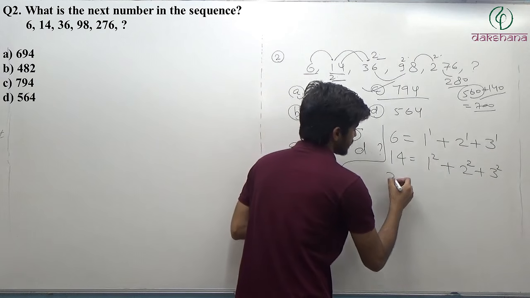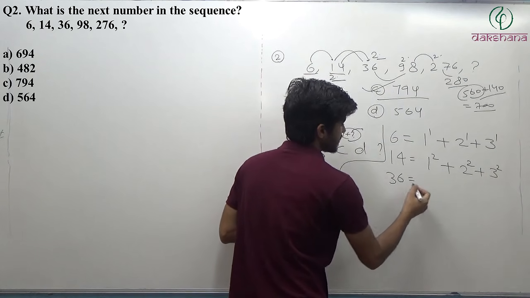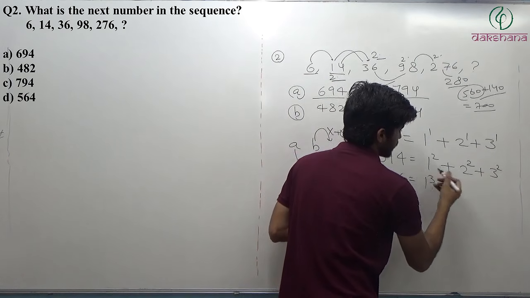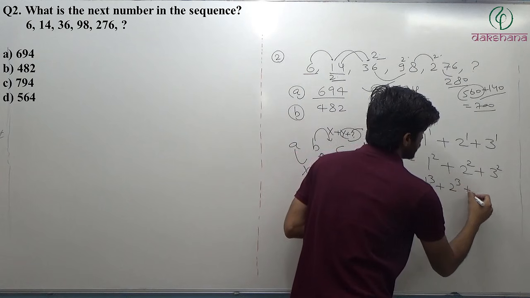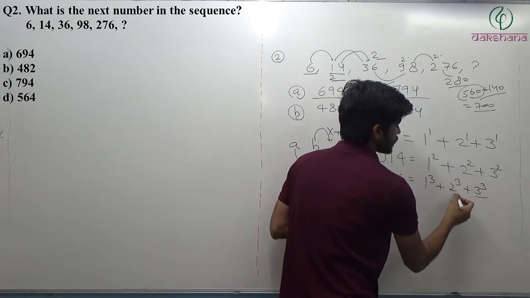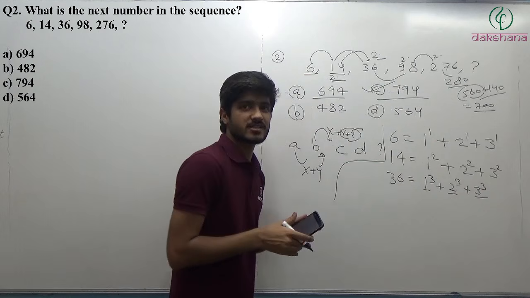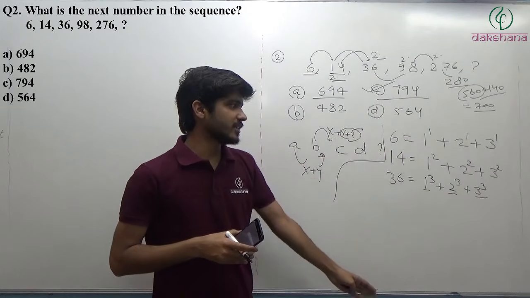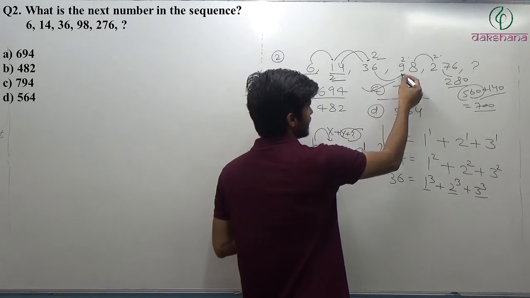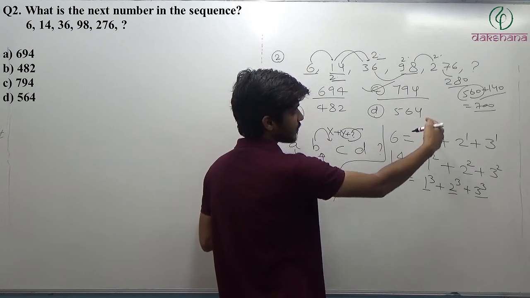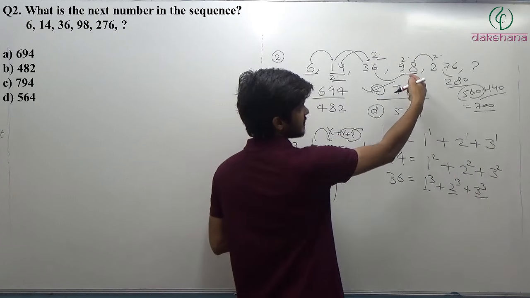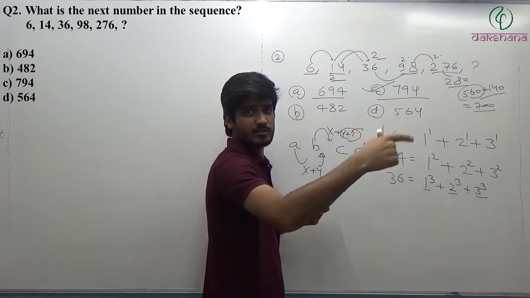If you talk about the next number in the series, 36. 36 is 1 to the power 3 plus 2 to the power 3 plus 3 to the power 3. So 27 plus 8 plus 1, that is again 36. So this is the pattern that we are following. So 98 would be 1 to the power 4 plus 2 to the power 4 plus 3 to the power 4. This guy would be 1 to the power 5 plus 2 to the power 5 plus 3 to the power 5.